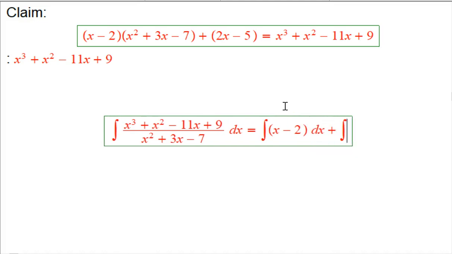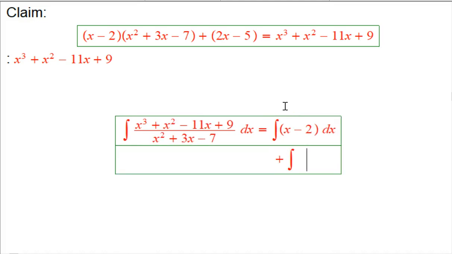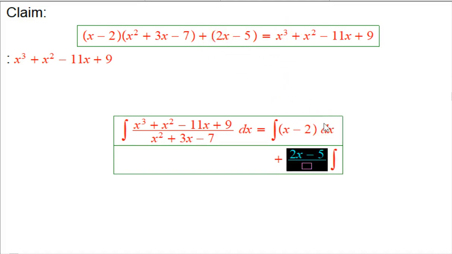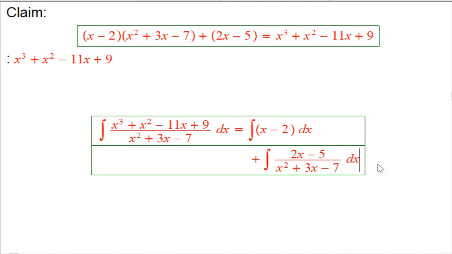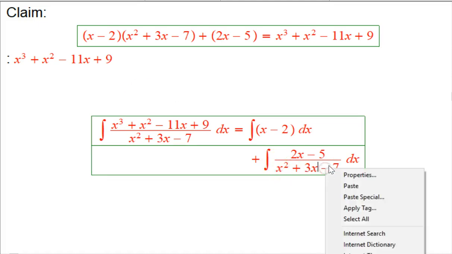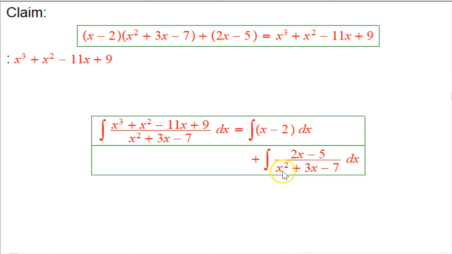And I'm just going to separate that as a completely different integral, plus the integral of just 2x minus 5 over this denominator. That is something that you would then do: you'd look and see if this denominator factors. If it doesn't, you're going to complete the square, do maybe some trigonometric substitution, things like that. If it did factor, then you would do partial fractions, all sorts of techniques. But that's all I wanted to show you in this video.